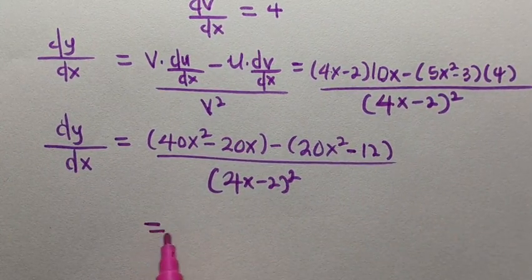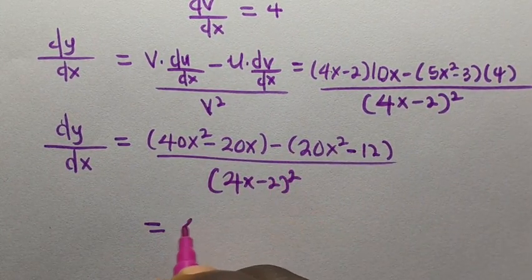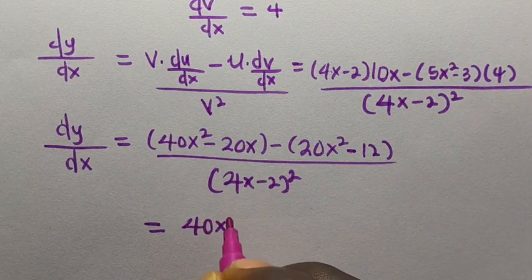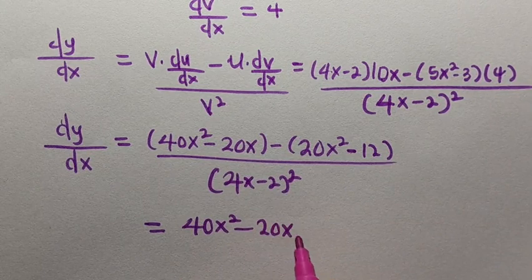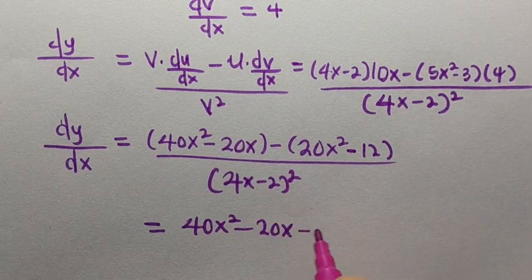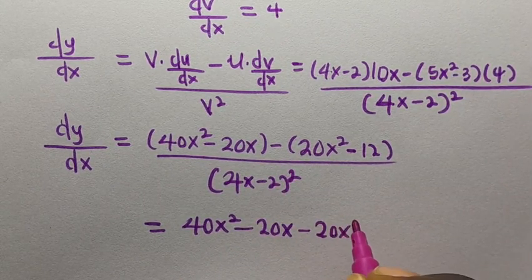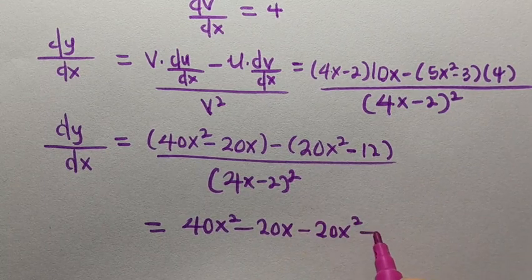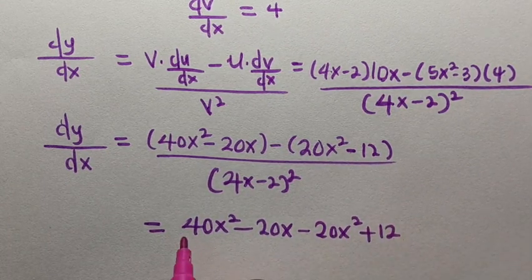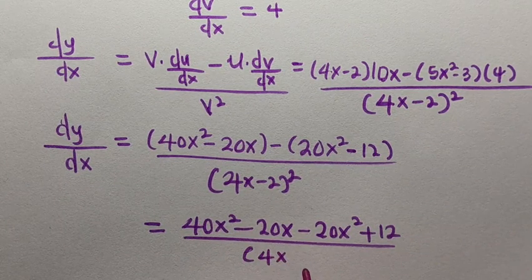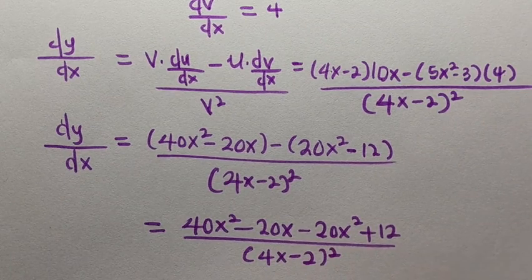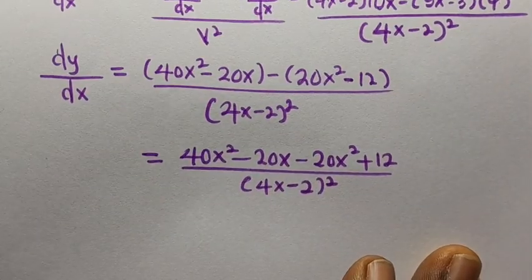So we have this to be 40x squared minus 20x minus 20x squared plus 12. We have (4x minus 2) all square.